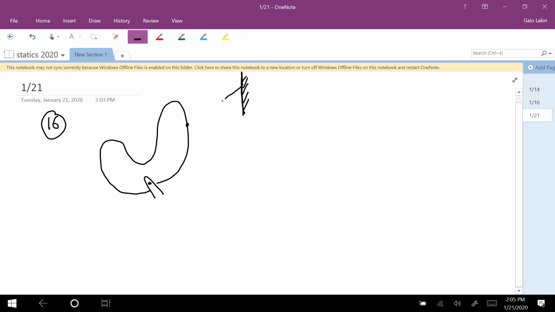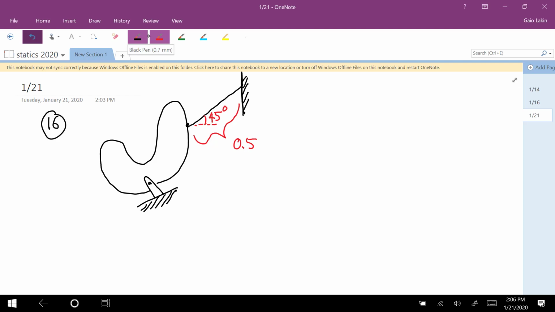Okay, so you have a cable like that and a hinge connecting it to the ground. And you're given that the string, the rope, has a length of 0.5 and it makes an angle of 45 degrees with the horizontal.